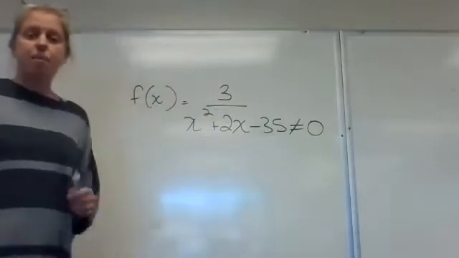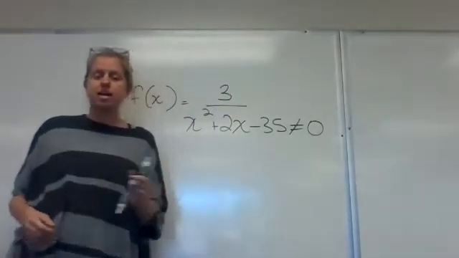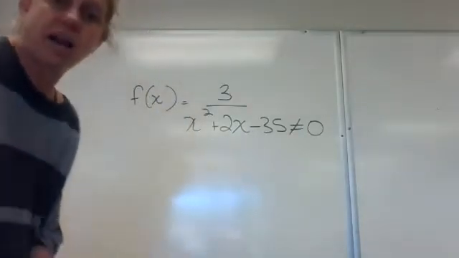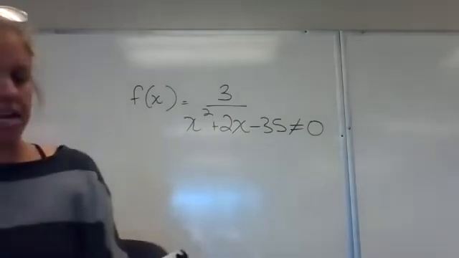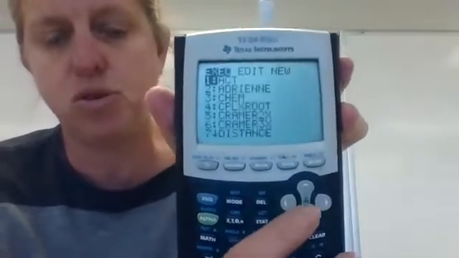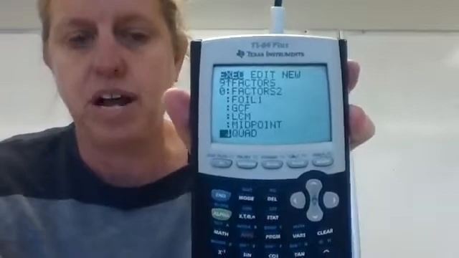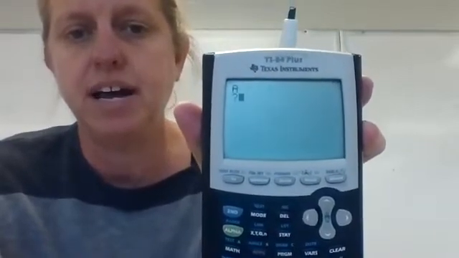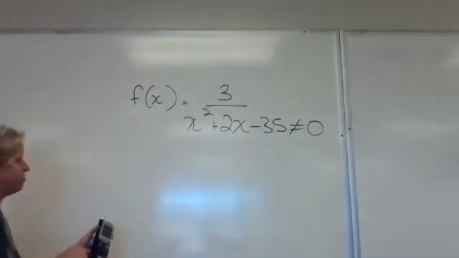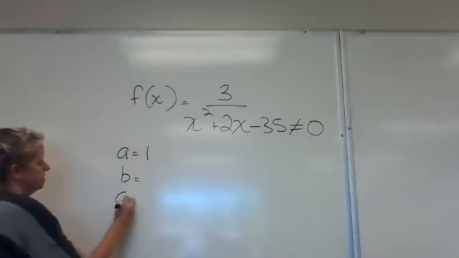But this time in my denominator, it's an x squared. Now, if I'm trying to find the solutions of something that starts off with an x squared, I can just go straight to my quad program and let it do the work for me. So you just would go to program, down to quad. Enter your a, b, and c. Remember, your a is in front of x squared, so my a would be 1.